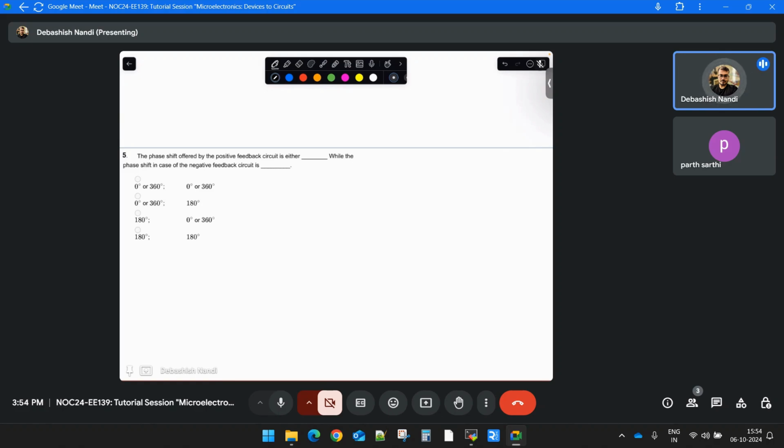The phase shift offered by the positive feedback circuit is either 0 or 360. Why do you say that? Because then only it will add in phase, right? That is what you have been asking and we have been discussing.